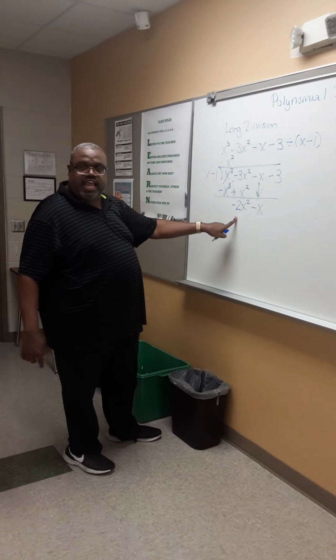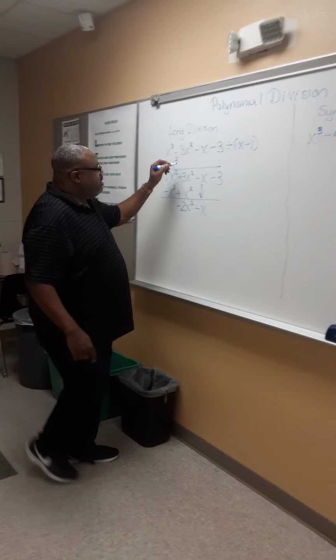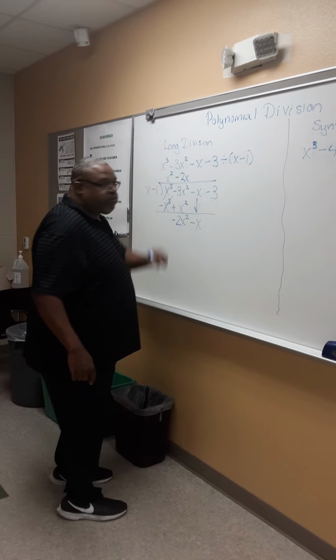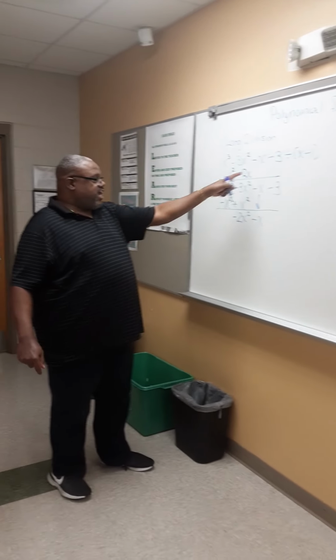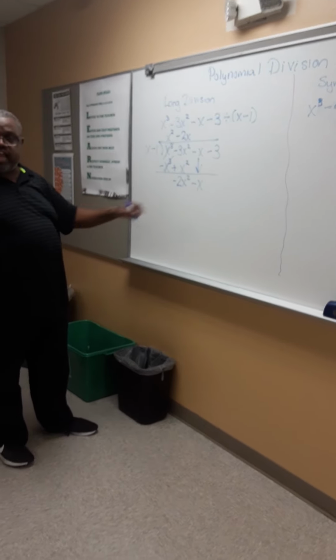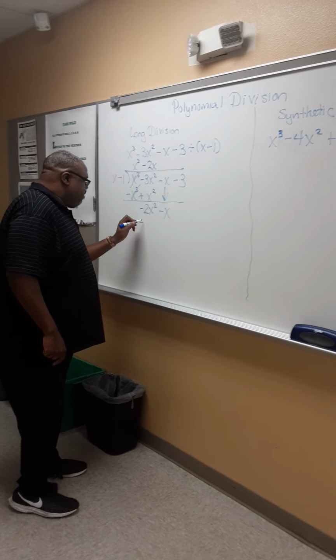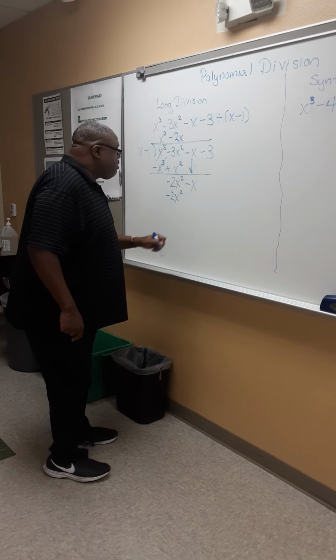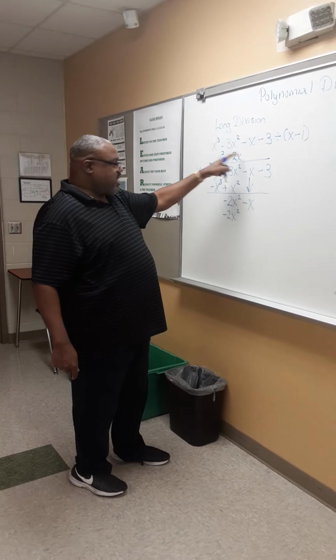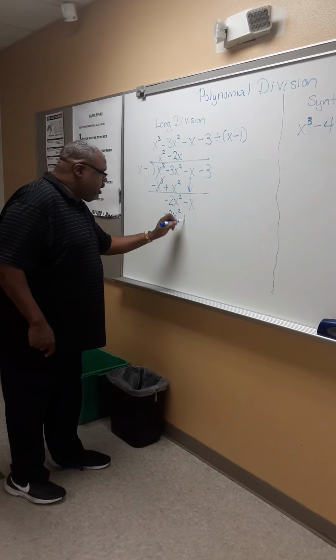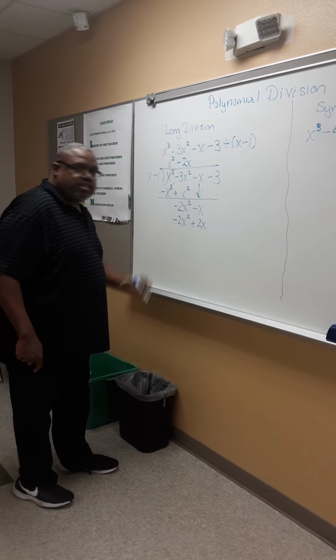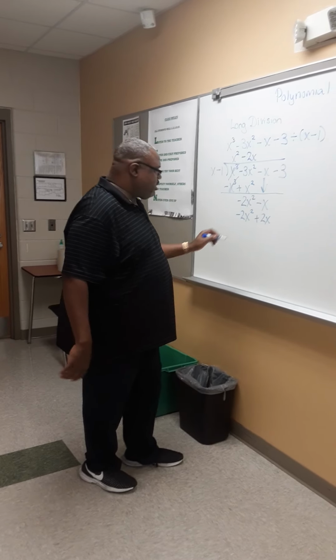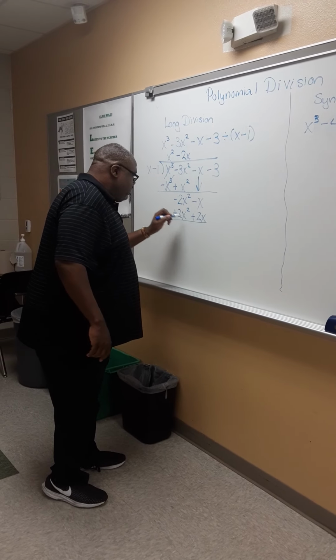X divides negative 2x squared, negative 2x times, because negative 2x times x is negative 2x squared. So I have negative 2x squared. Negative 2x times negative 1 is positive 2x. Okay? We subtract. We change the signs.